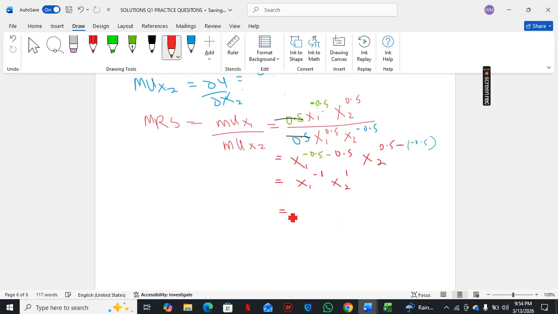Then to simplify this further, remember, if you've got a negative power, you just bring it to the denominator. So you're going to have x2 to the power 1 over x1 to the power 1. This negative becomes positive once it reaches the denominator. Any questions, colleagues?